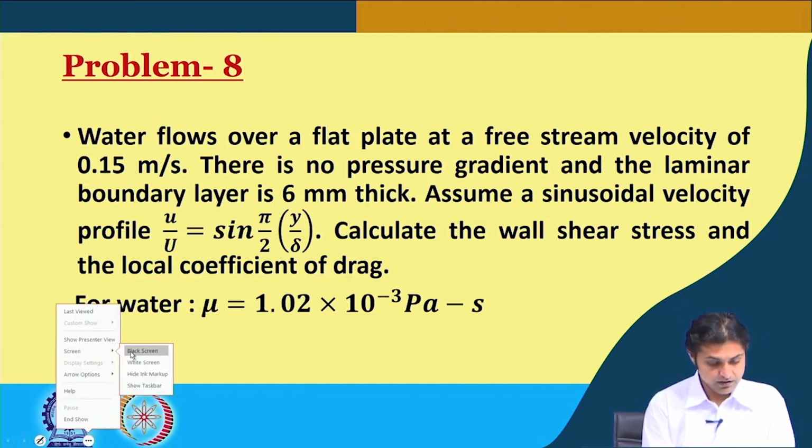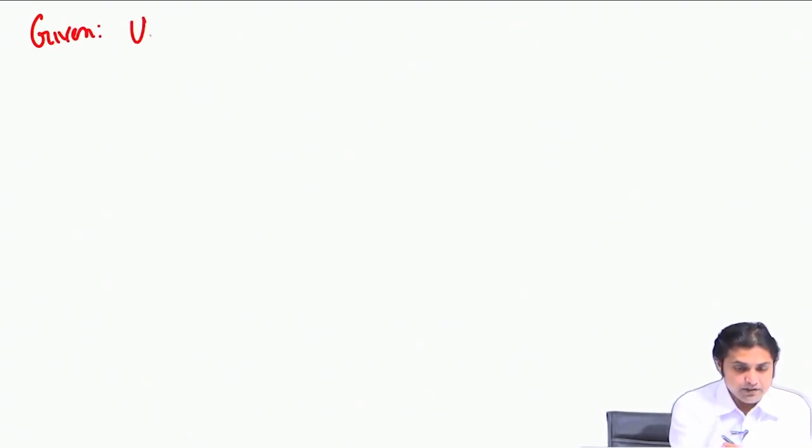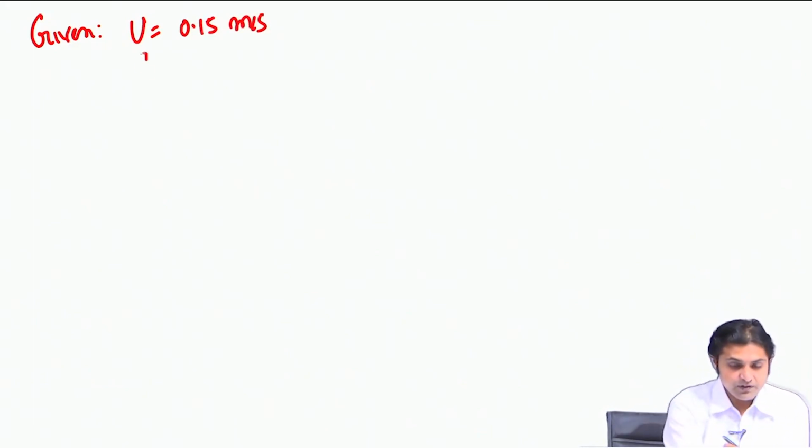So, as always we are going to have the things that are given. Given capital U is 0.15 meters per second, okay.